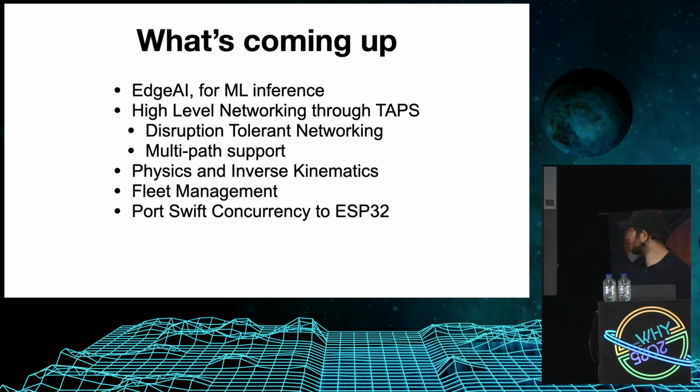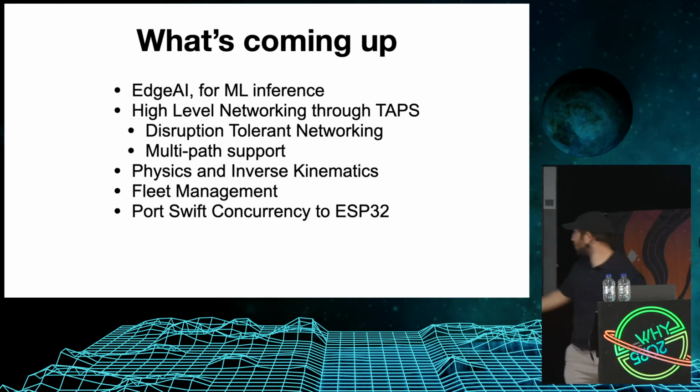And TAPS is intended to be handling things like disruption-tolerant networking, also basics like TCP, UDP, TLS, DTLS, but also more fancy things like mesh networking are things that we're very eager to integrate into a framework called TAPS. TAPS is intended to run on both microcontrollers, Linux, and all platforms alike. So our aspiration is to get in the coming months a basic version of TAPS that runs on all of these platforms with all of the features I just mentioned.